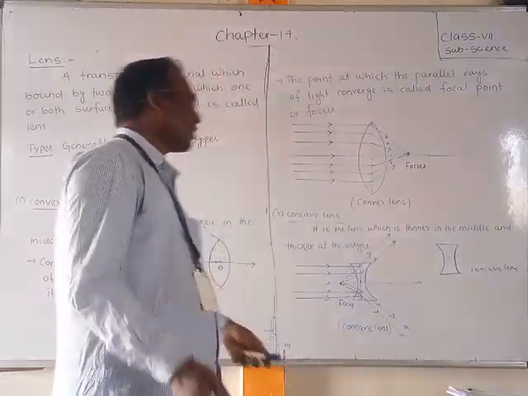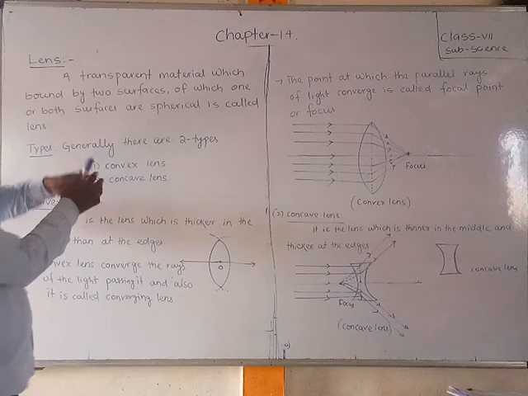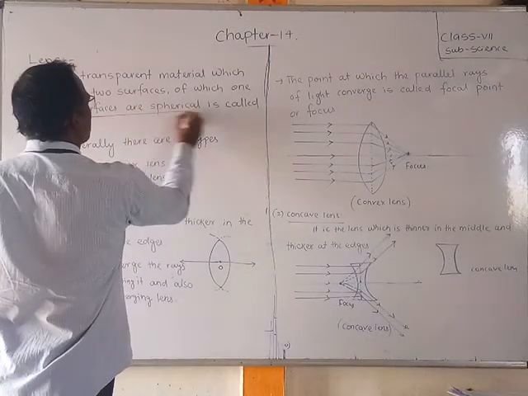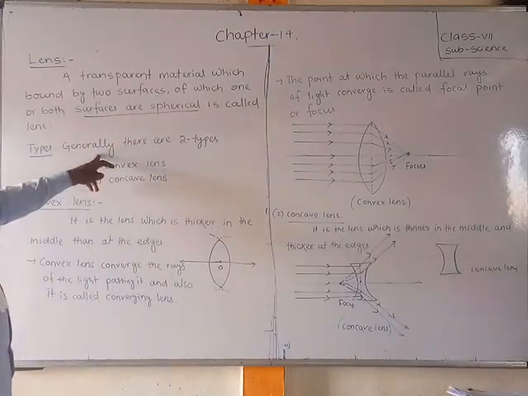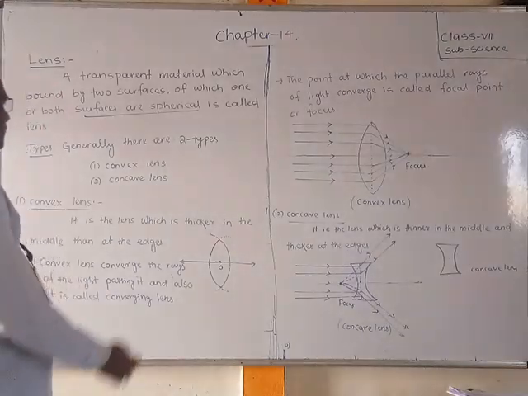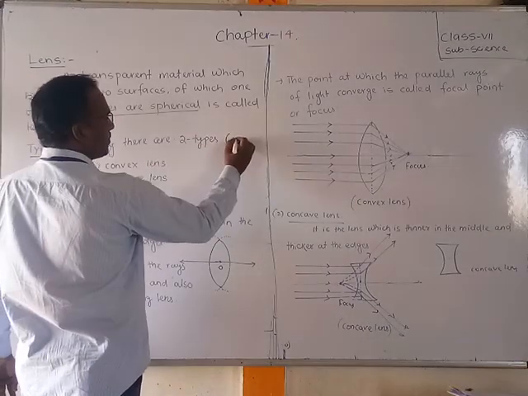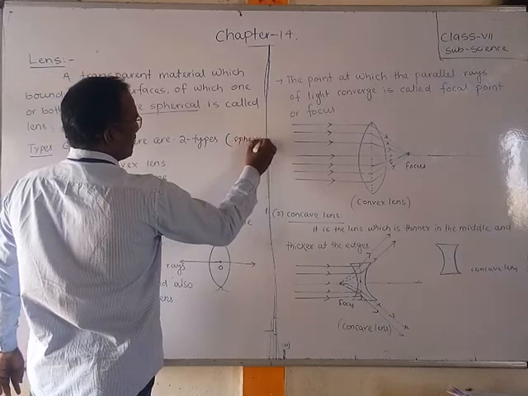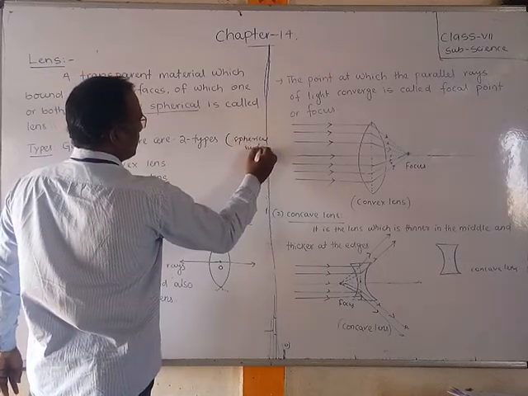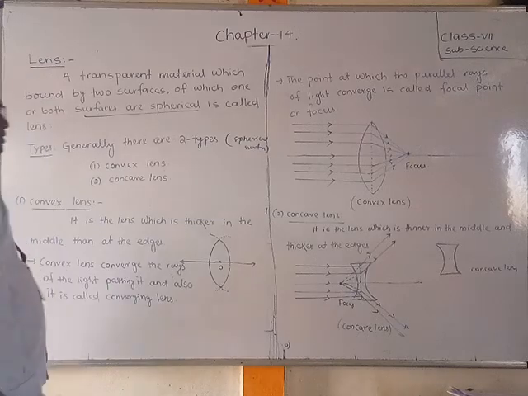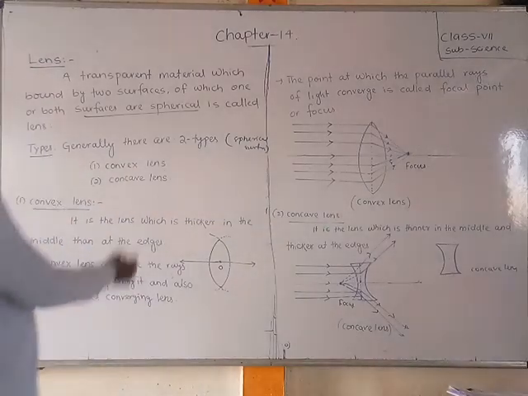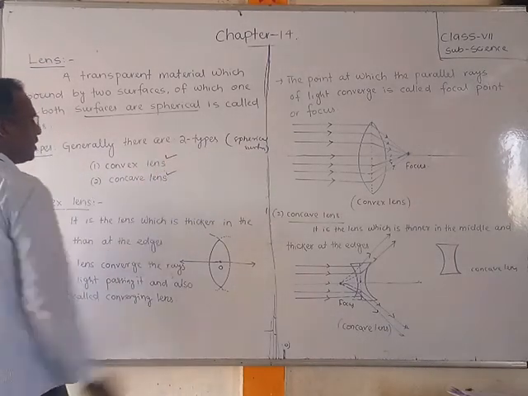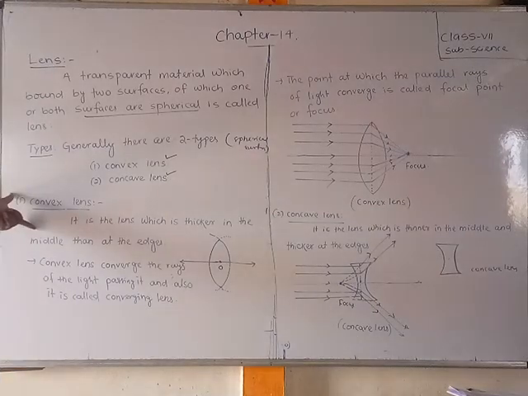We will study that in higher classes, but generally, according to the spherical surfaces, there are two types: one is the convex lens and the other is the concave lens. What do we mean by a convex lens?